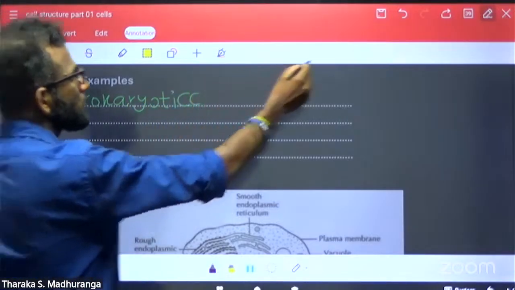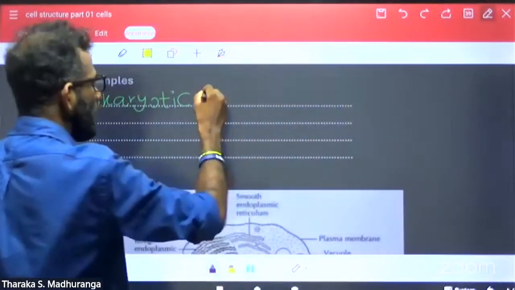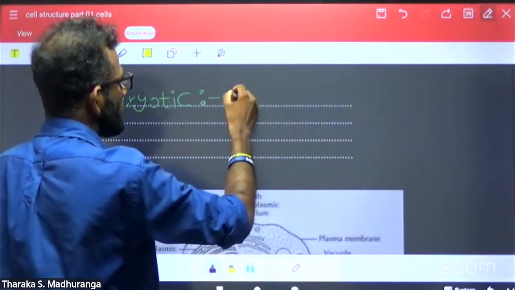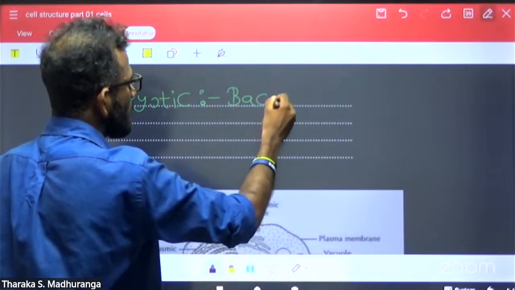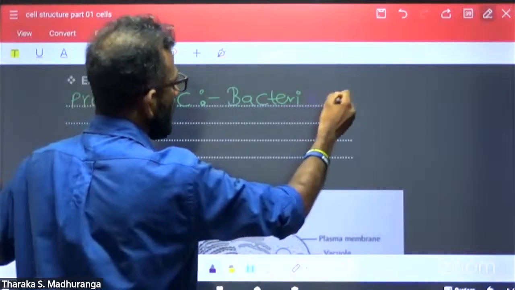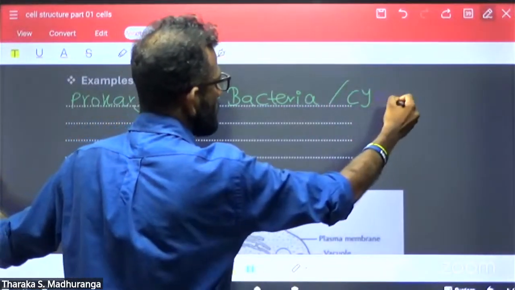The prokaryotic examples you already know, actually I gave previously: bacteria and cyanobacteria.